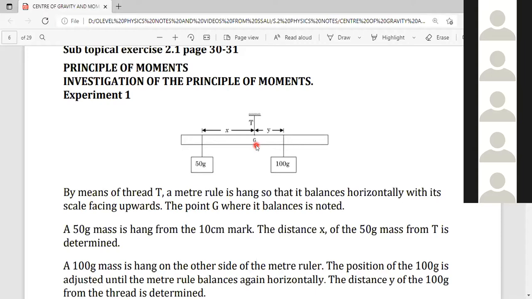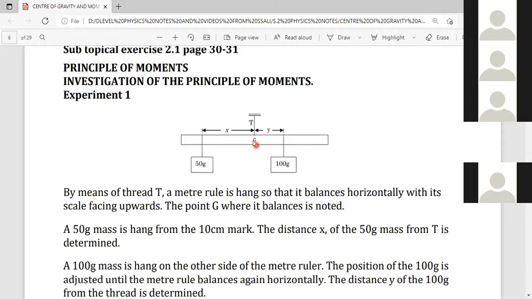Okay, when we balance this meter, that is the first procedure. We balance this meter, we can use a thread or a knife edge. So we decided to use a knife edge, okay? So when we balance this meter, it happened to balance at the 50 centimeter mark. And when it balances at that 50 centimeter mark, you note it off as G. So in all experiments, you maintain the balancing point at 50.